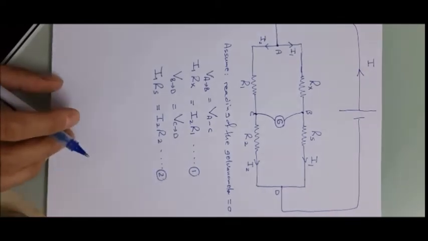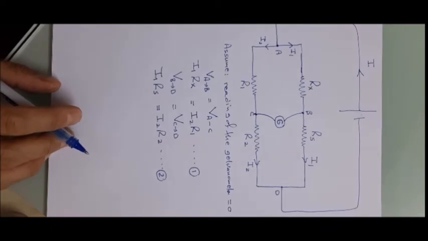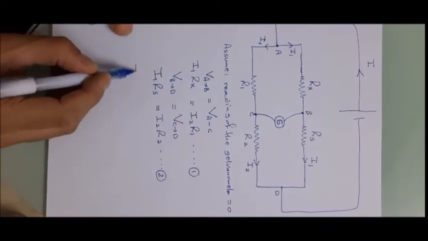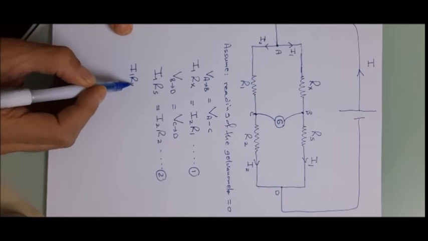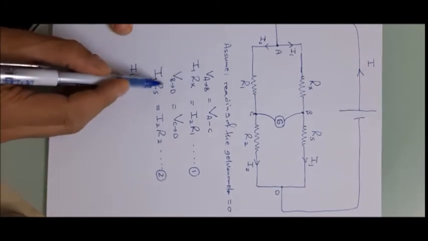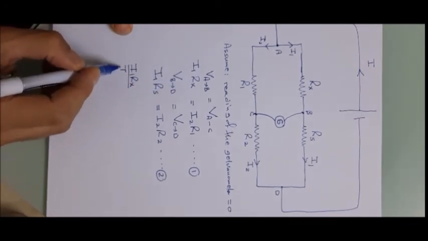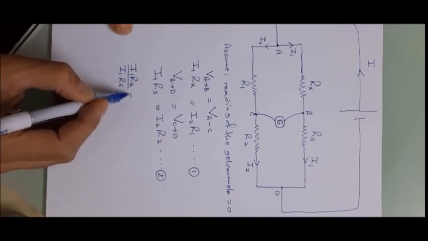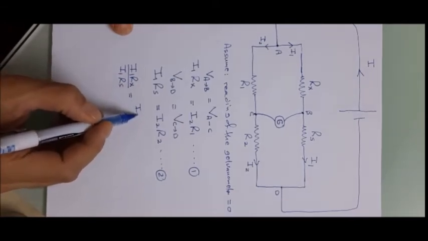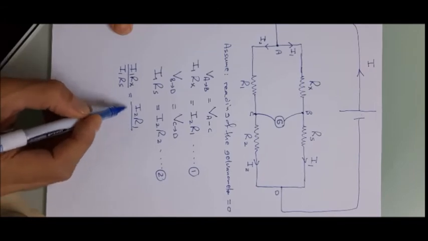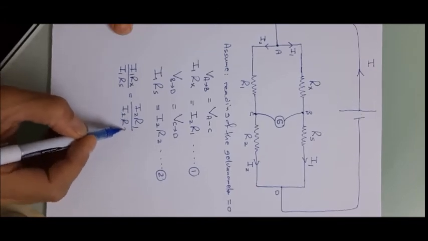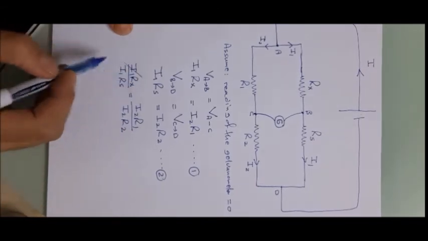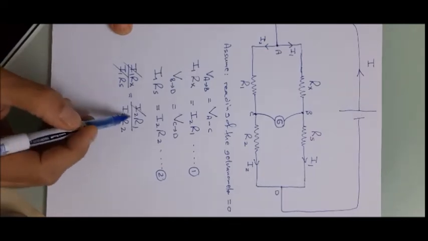Now if I divide equation 1 over equation number 2, I will get the following: I1 Rx divided by I1 Rs equals I2 R1 divided by I2 R2, from which we can cancel I1 from this side and I2 from this side.